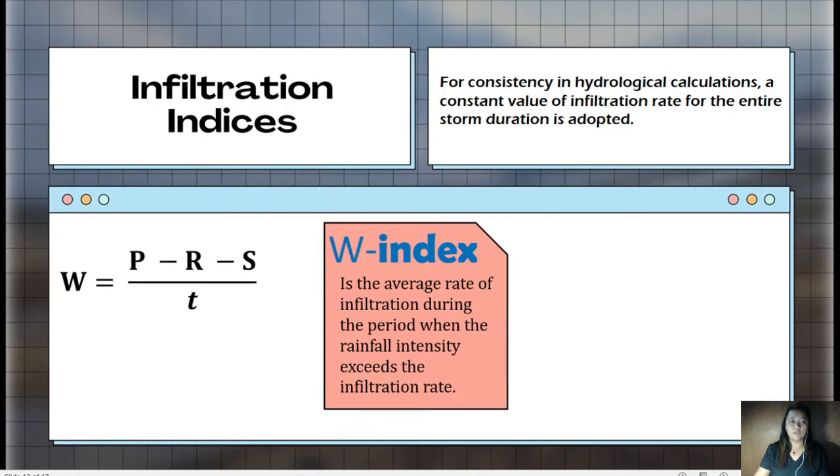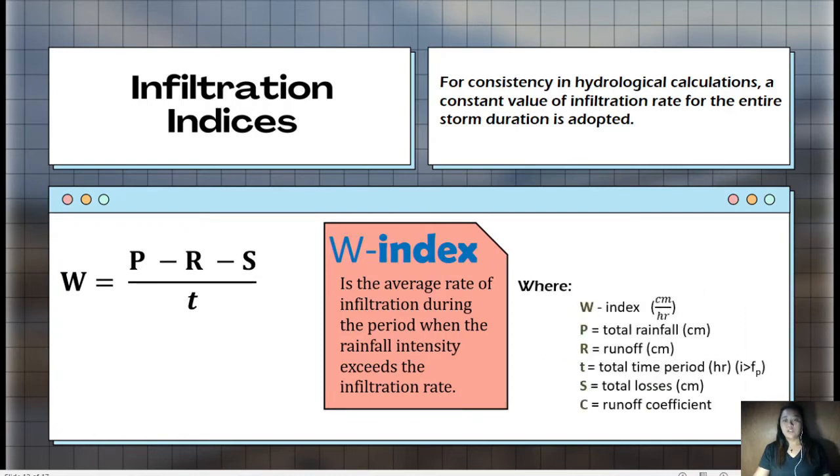So this is the formula for the W index, which is W equals P minus R minus S over T, where P is the total rainfall, in centimeter, R is runoff, also in centimeter, T is the total time period if I is less than F, and S is the total losses, which is also in centimeter, and C is the runoff coefficient.